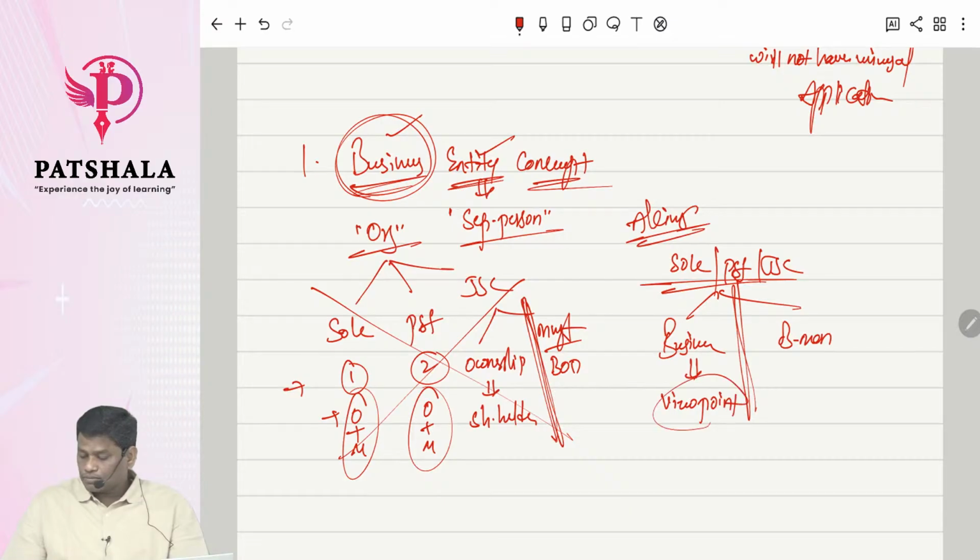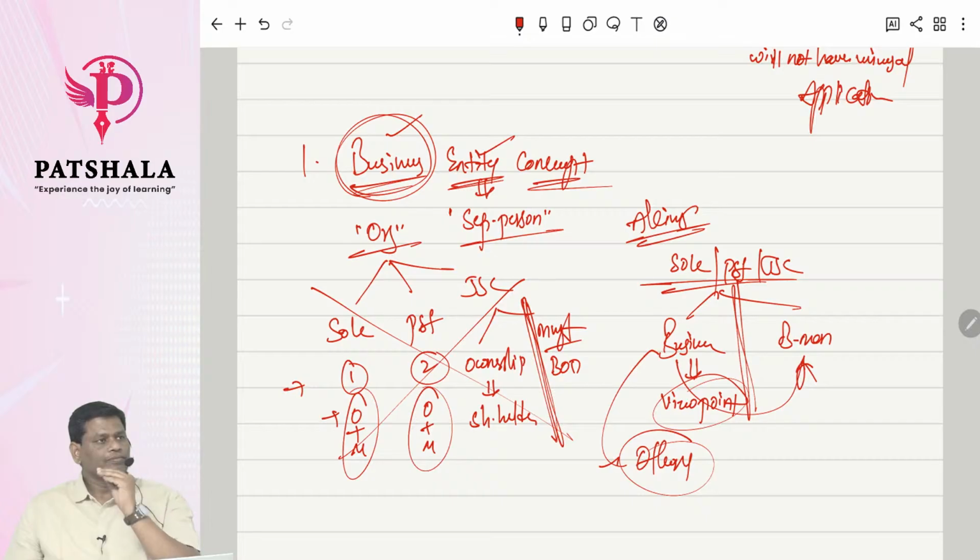Always in accounting you should view from the viewpoint of business, but not businessman. Why? Because business does transactions with outsiders, and business also does transactions with the businessman. To start any business, what is the base? Capital. To start a business you have to put in money. The money is nothing but capital. Who gives the capital? The businessman. So the businessman is giving to the business.